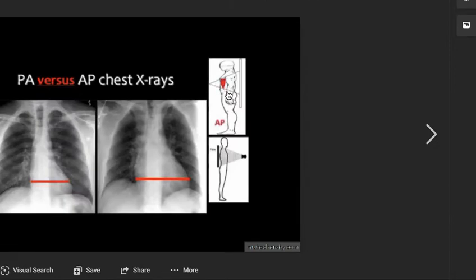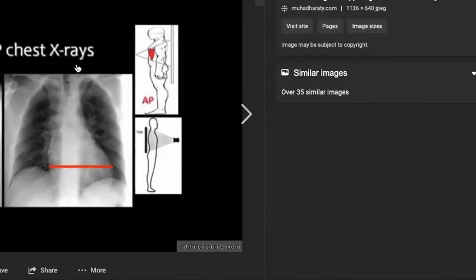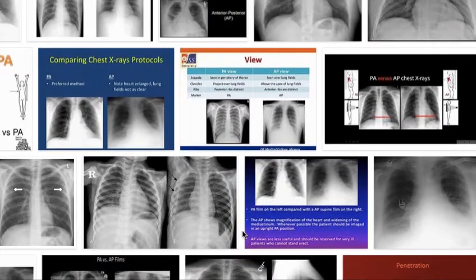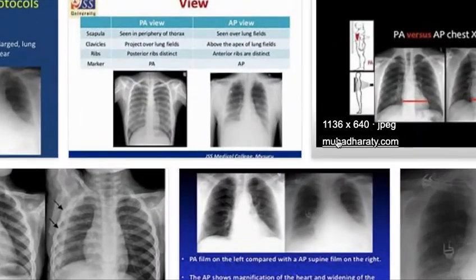So in PA view, the heart is towards the film. In AP view, the heart is away from the film. So when the rays fall, it gives a bigger shadow, right? So that's the reason, guys.